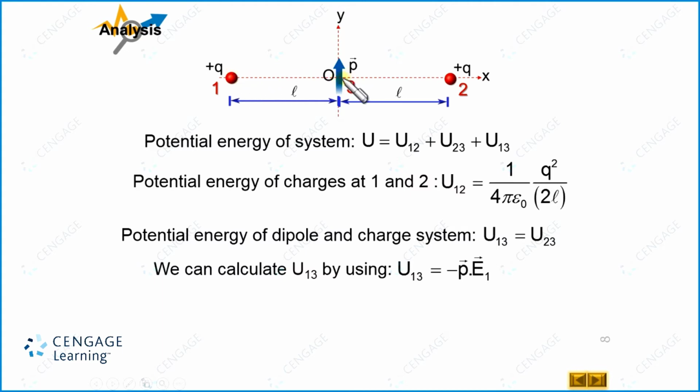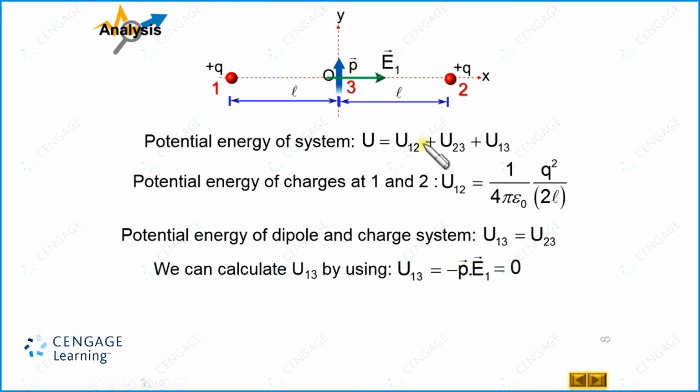We know this charged particle is positive. Then the electric field because of this charged particle at the center of the dipole will be in the rightward direction like this. So this is the E1 vector. Now you can observe the angle between the dipole moment and this electric field vector is 90 degrees. That means this dot product will be equal to 0.